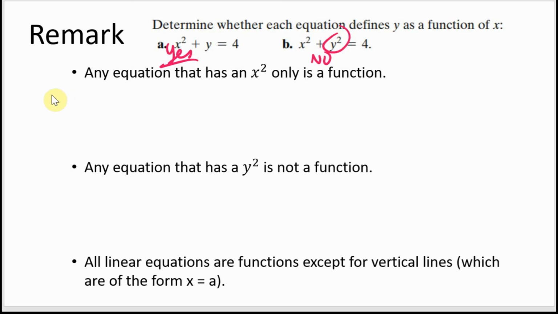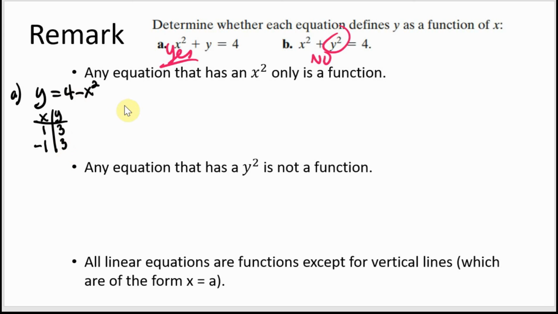Let's take that first one and write it: y is equal to 4 minus x squared. That's A, I just wrote it with respect to y. Now all we're going to do is find just a few ordered pairs. If I pick x to be 1, then that's 4 minus 1, I get 3. If I pick x to be negative 1, I still get 4 minus 1, I get 3.